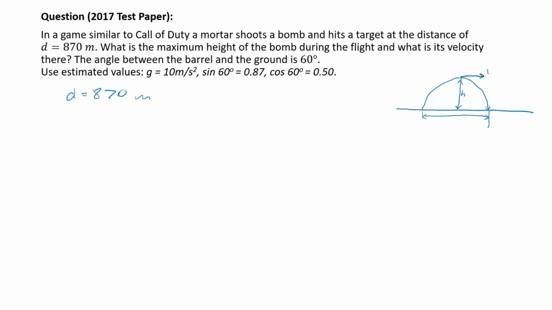That's the velocity they are asking for in this exercise. So we have to find the velocity at the highest point and the height or altitude at this point, of course.